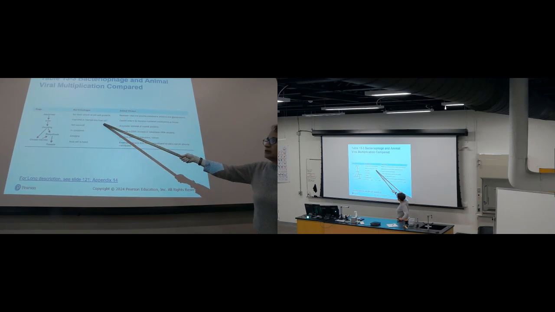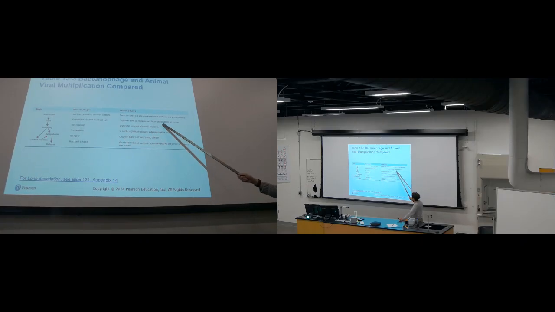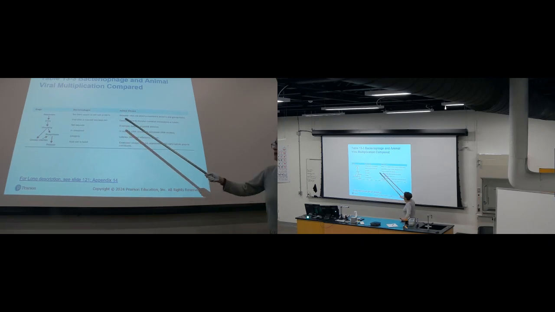And then viral DNA is injected during penetration into the host cell, while in animal cells, the capsid enters together with the DNA or RNA by receptor-mediated endocytosis or fusion. In the case of envelope viruses, they fuse the envelope, and then they penetrate the capsid and the nucleic acid.